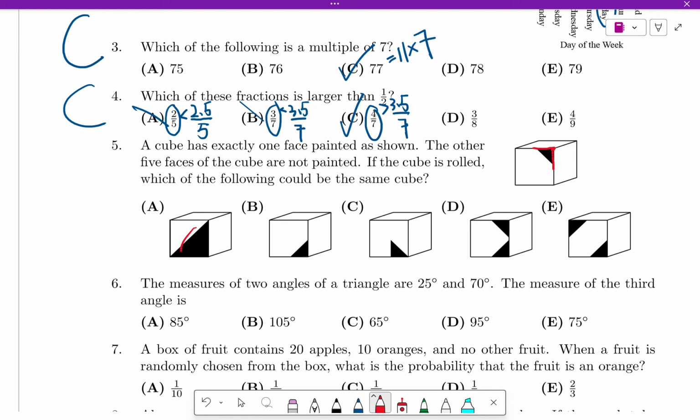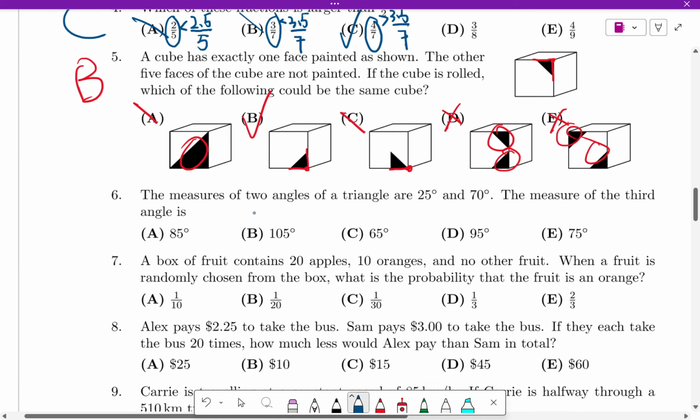For B, it does touch one vertex and 2 edges, so it seems like it's correct. Let's double check with the rest of the options. For option C, the triangle touches one vertex and only one edge. And for both options D and E, we have 2 triangles, which are not the original shape. So the answer would be B.